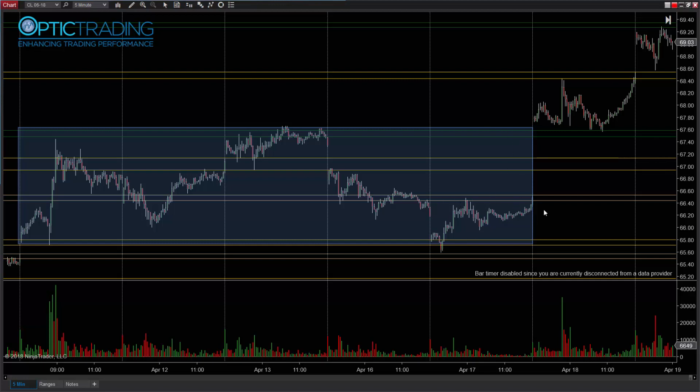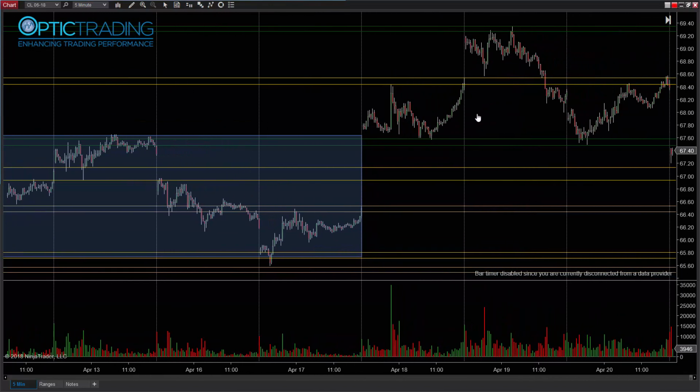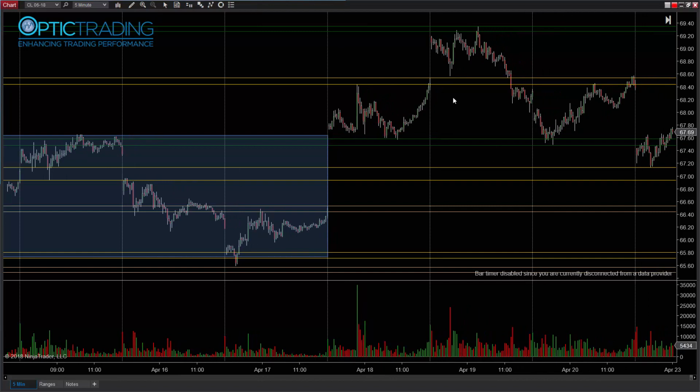In this instance, we actually had a major gap up to the other side of balance. So we gapped out of this consolidated range balance area and we held it, and then we had a strong close following that day off. The next day, which was Thursday, we gapped up and sold off. We tried to take out the high.